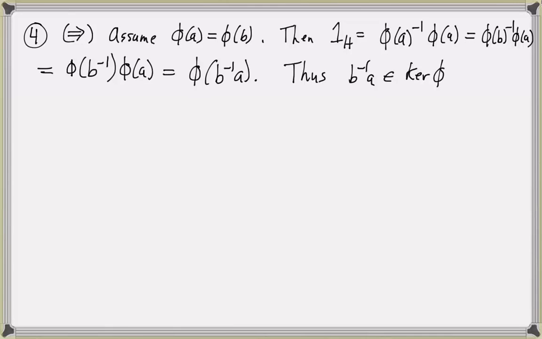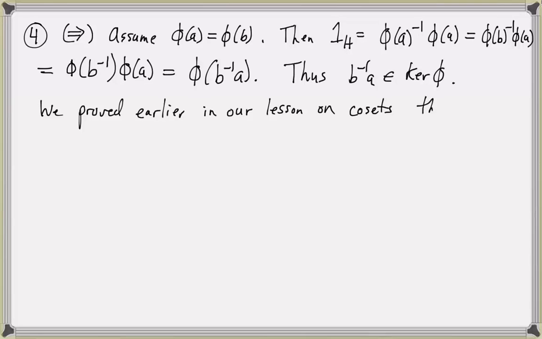But we actually proved in our lesson about cosets that b inverse a is an element of the kernel of phi if and only if the left coset b kernel phi equals a kernel phi.